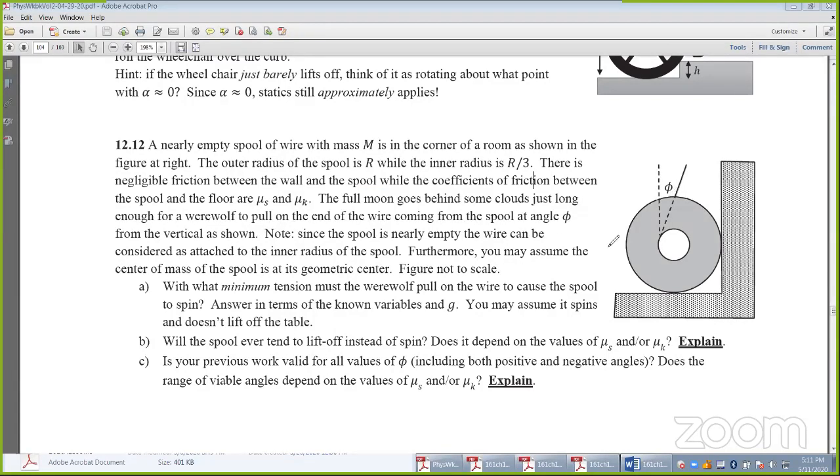Okay, we've got this pulled at some angle. Okay, wire attached to the inner radius, so that's R over 3. And we're going to assume the center mass is right at the center, right?